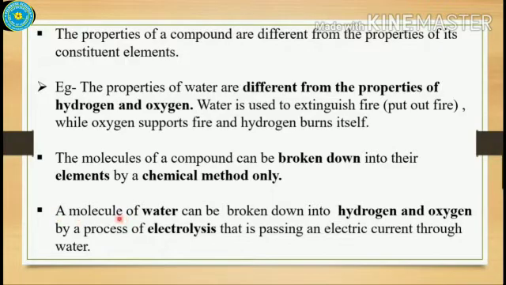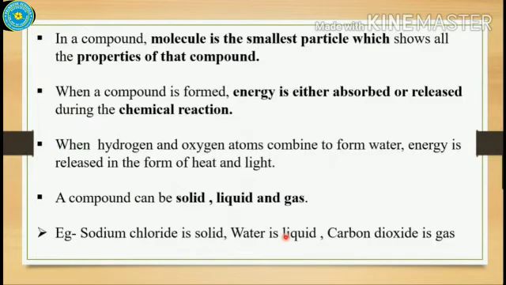For example, a molecule of water can be broken down into hydrogen and oxygen by a process of electrolysis, that is, passing an electric current through water. In a compound, the molecule is the smallest particle which shows all the properties of that compound.